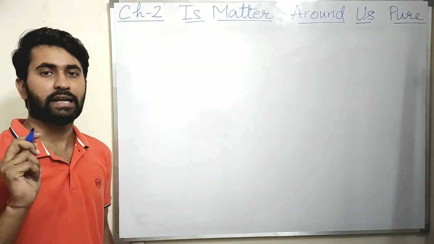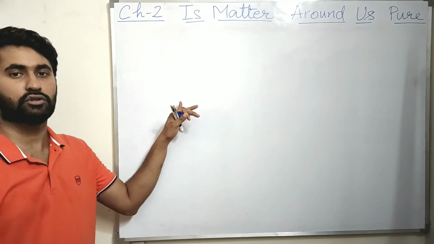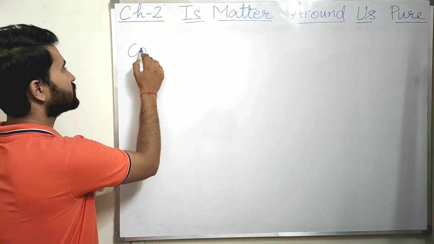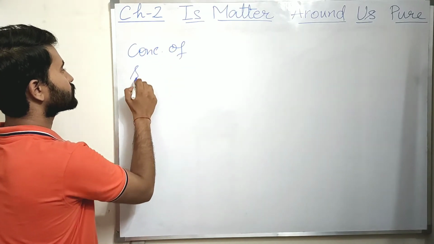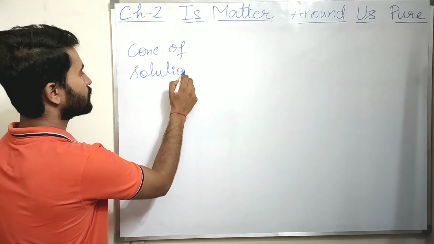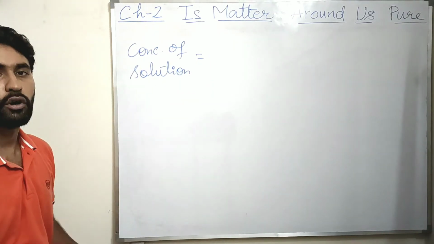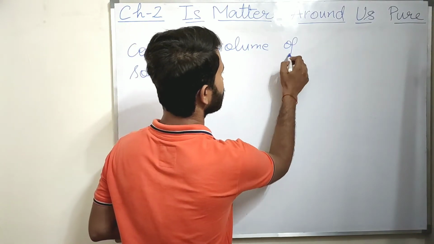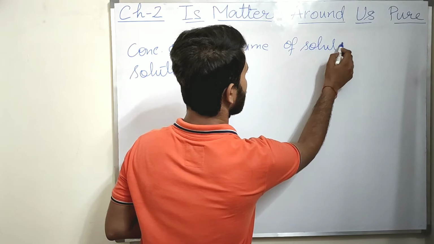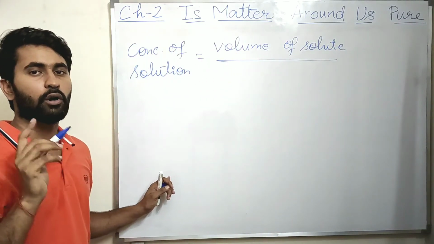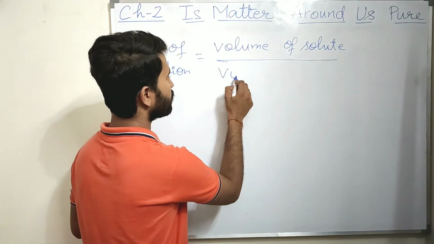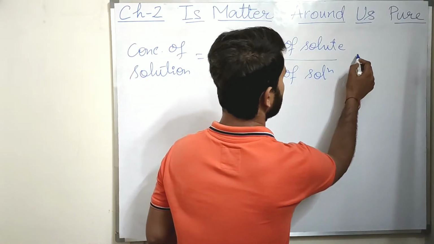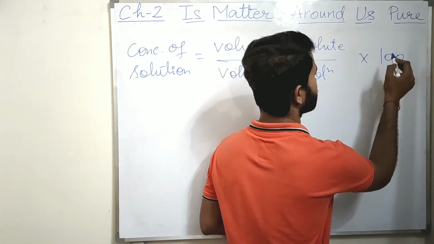The formula for calculating concentration of a solution in terms of volume percentage is concentration of solution is equals to volume of solute upon volume of solution multiplied with 100.